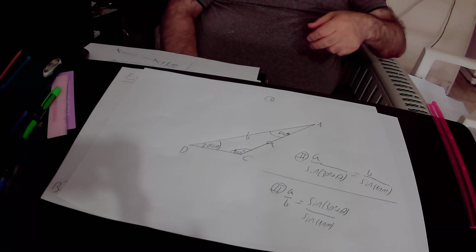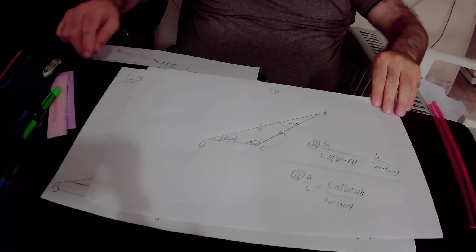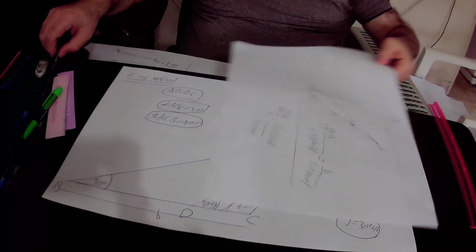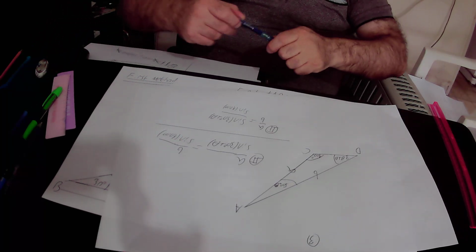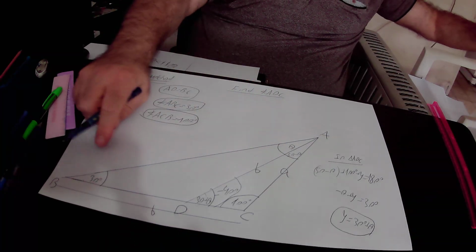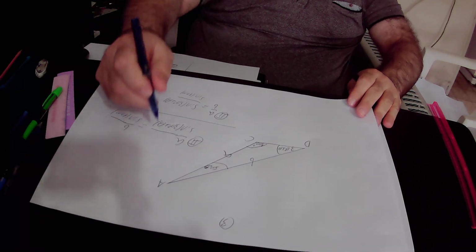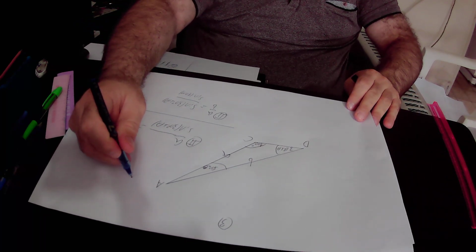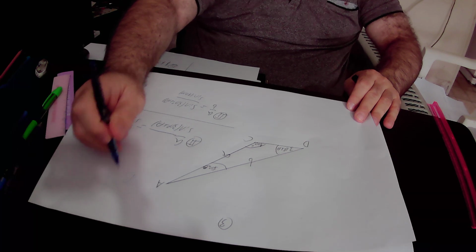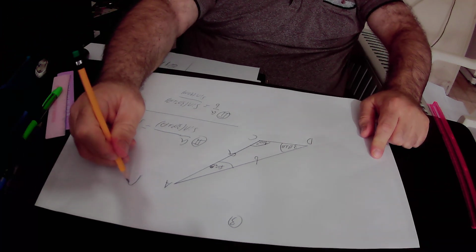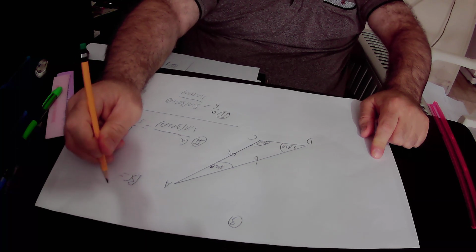And according to our definition, BC equals B units.